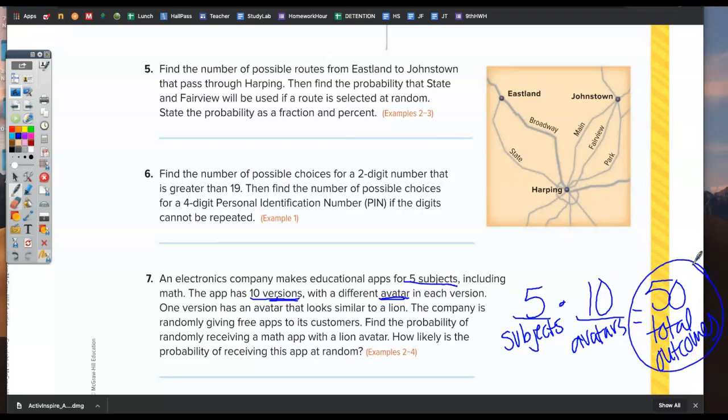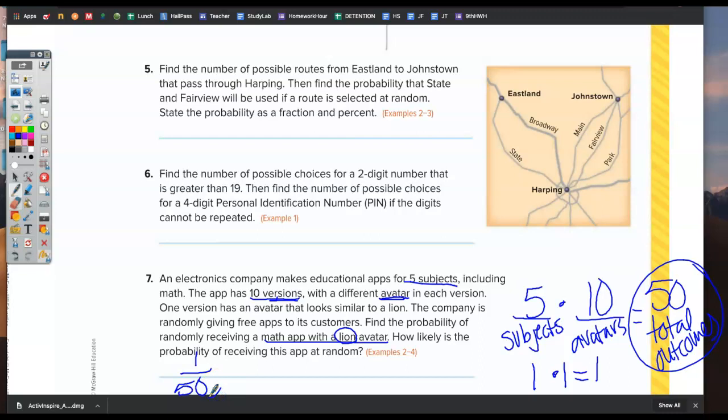Now, we have to think about the probability of randomly receiving a math app with a lion avatar. Well, now we only have one subject, which is math, and only one avatar, which is a lion. Therefore, 1 times 1 is 1. And I have a 1 out of 50 chance of selecting a math app with a lion avatar.